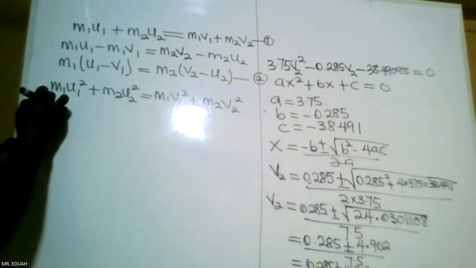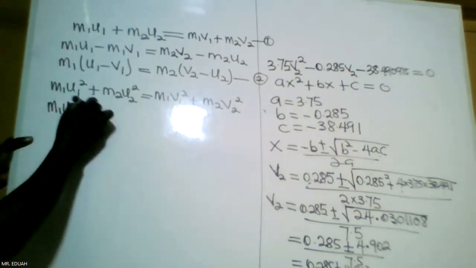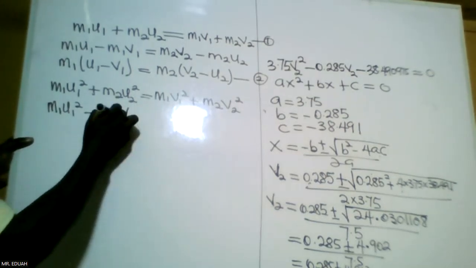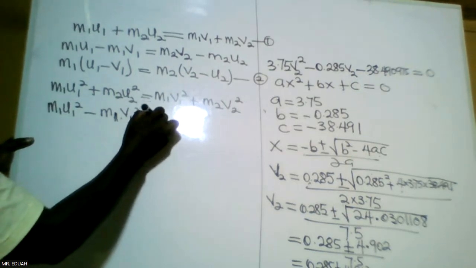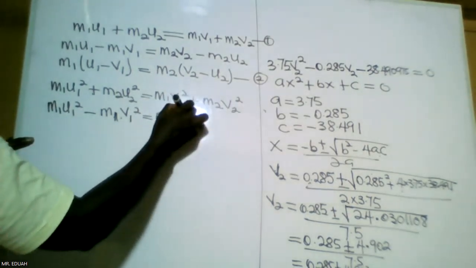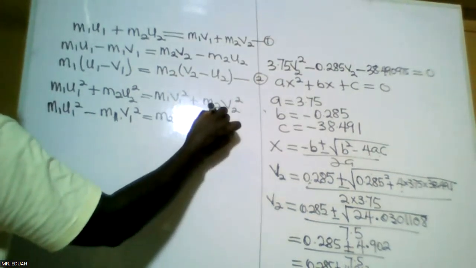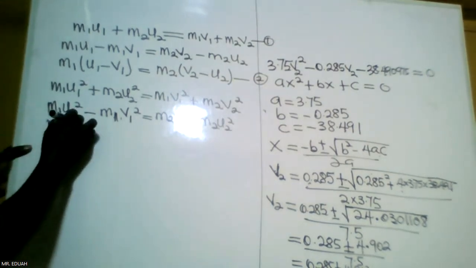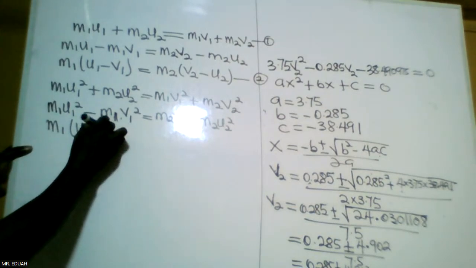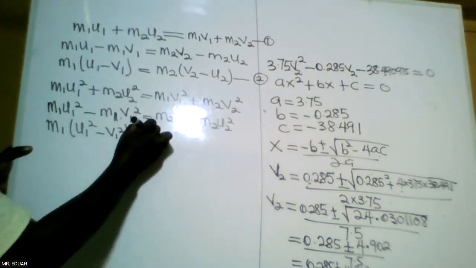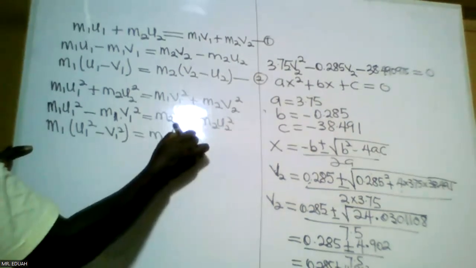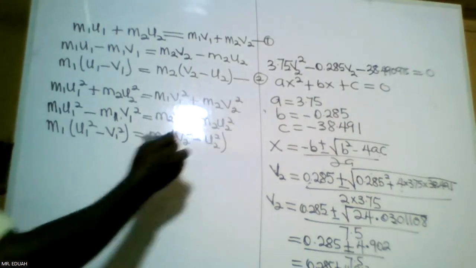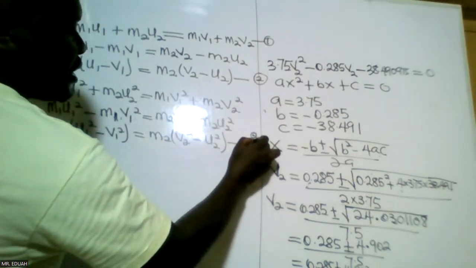So group the ones: M1 U1 squared minus M1 V1 squared is equal to M2 V2 squared minus M2 U2 squared. M1 out, U1 squared minus V1 squared in, M2 out, V2 squared minus U2 squared in. And this is equation 3.